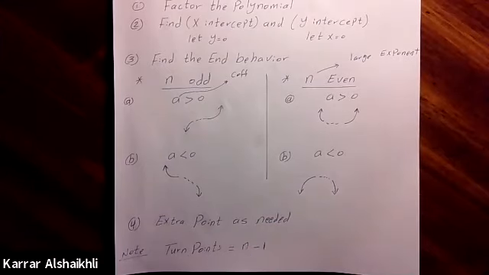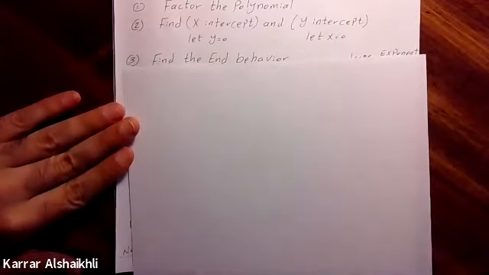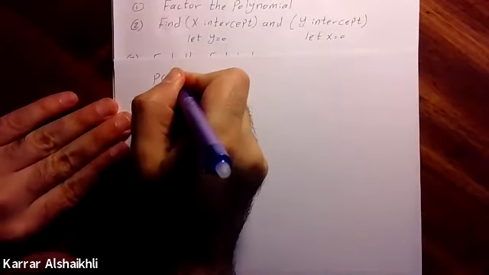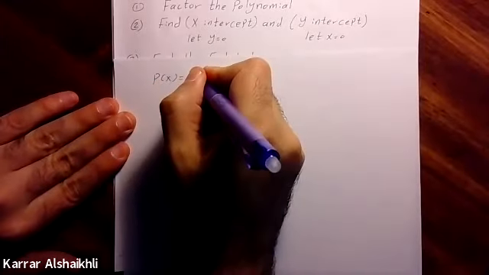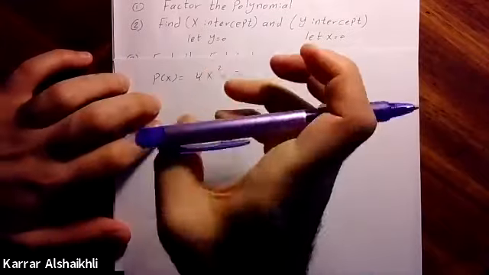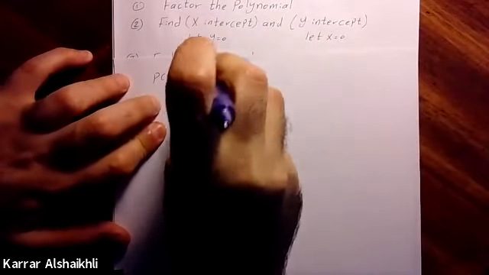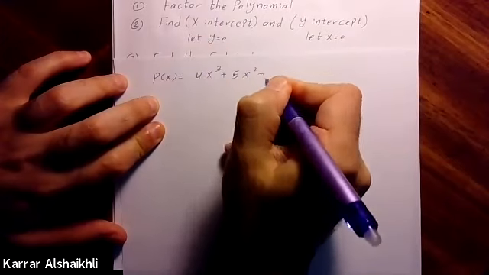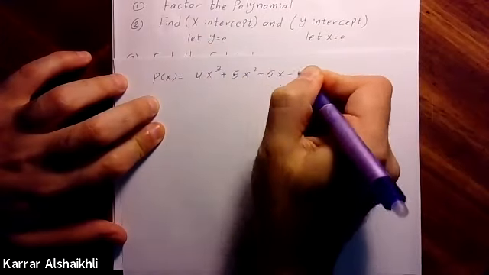So for example, about the turning points, if you have a function like this, p of x equal 4x squared plus, let's make it a cube, x cubed, plus 5x squared plus 5x minus 4.